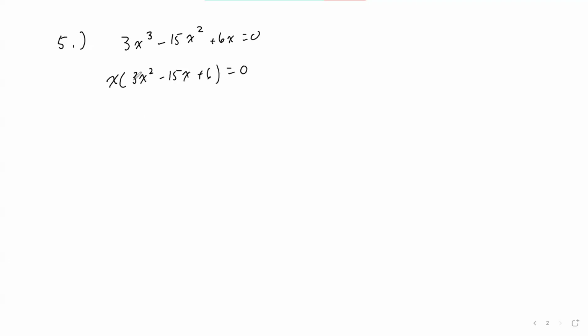And then I'm going to use this piece as my quadratic equation. So this will be my A, this will be my B, this will be my C. So again, my equation is negative b plus or minus the square root of b squared minus 4ac, all divided by 2a. In this case, my a is 3, my b is negative 15, and my c is 6.